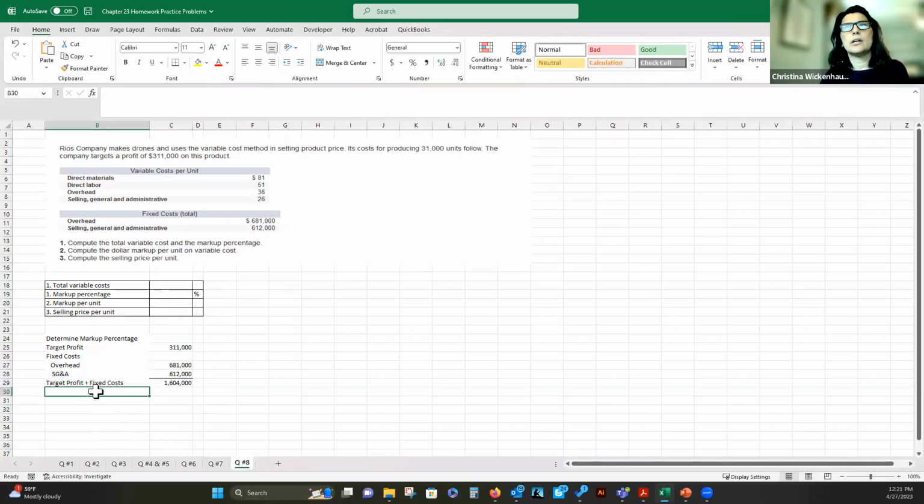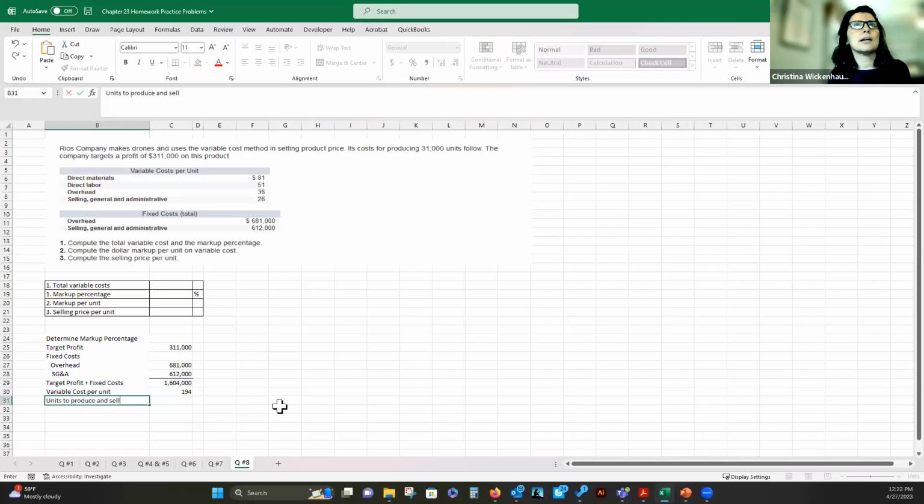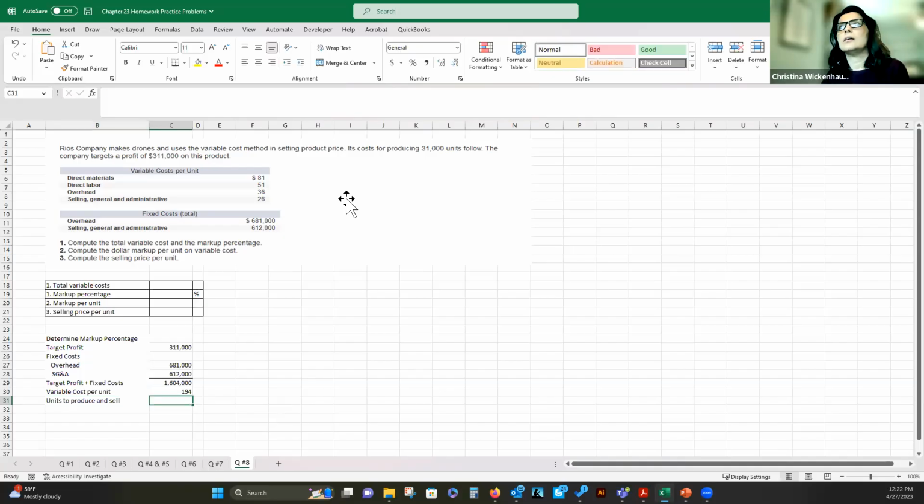Now our variable cost per unit is all of these costs, right? So we have 81 plus 51 plus 36 plus 26. And the units that we need to produce and sell is 31,000.